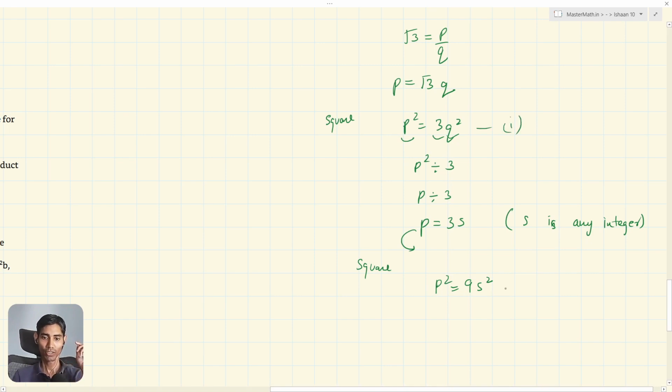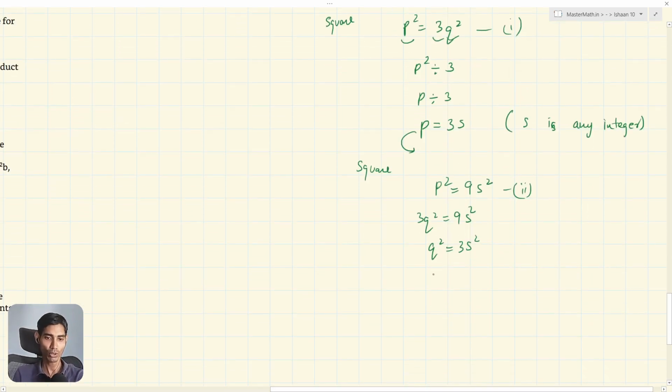Here this was first, this is second. So from 1 and 2 I can write 3q square is equal to 9s square. Simplifying this, q square is equal to 3s square, and then q square is also divisible by 3.